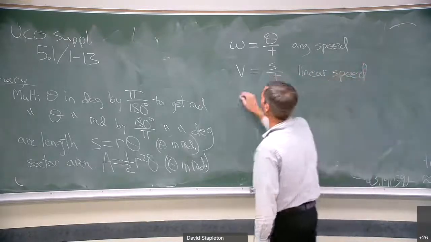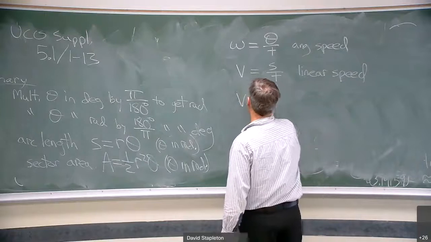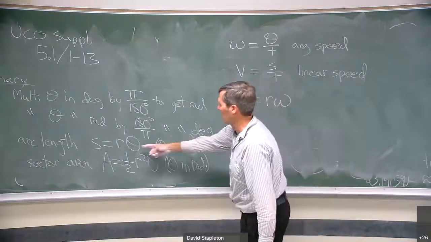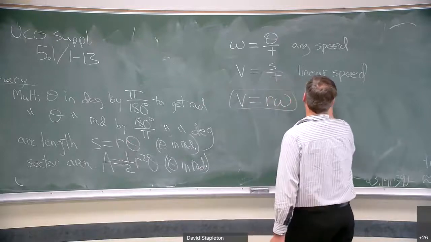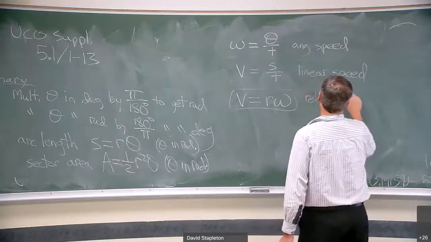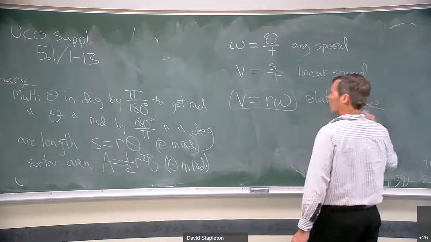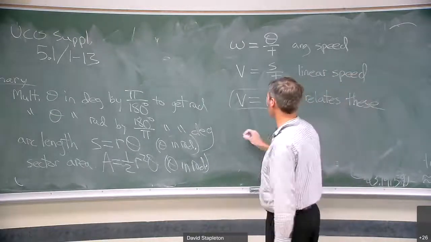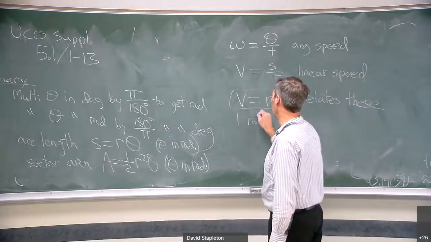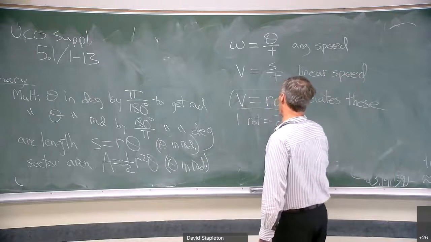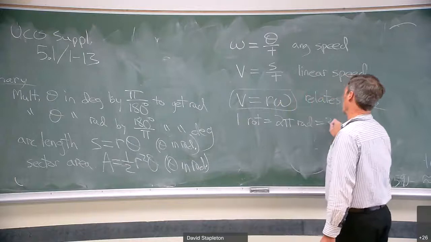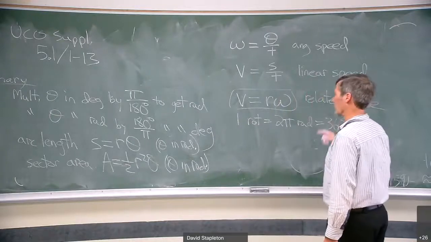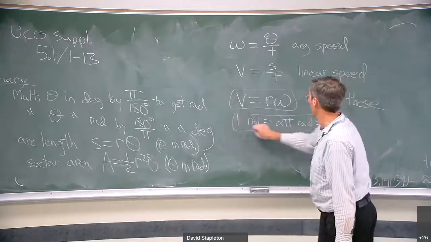And then these two are related by V equals R omega, just by dividing this previous relation by time. Also, we have, if we want to convert between rotations, one rotation is equal to 2 pi radians is the conversion factor here, or 360 degrees converts between rotations or revolutions, if you like.